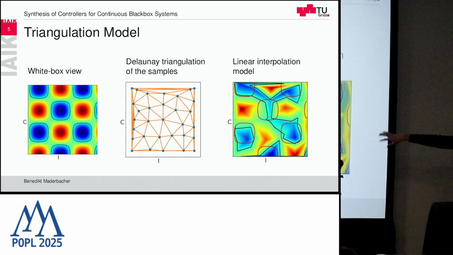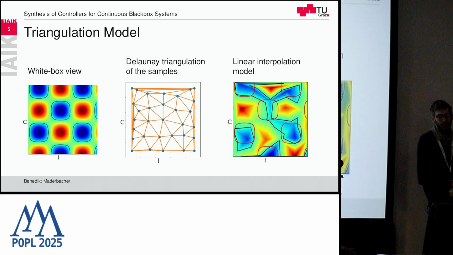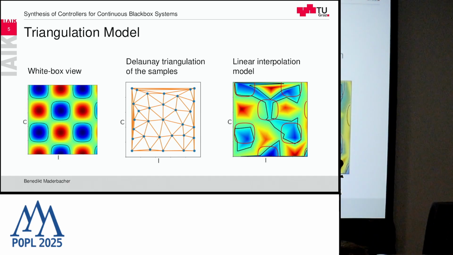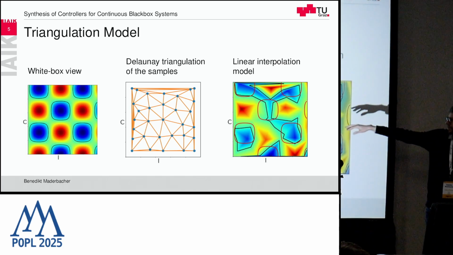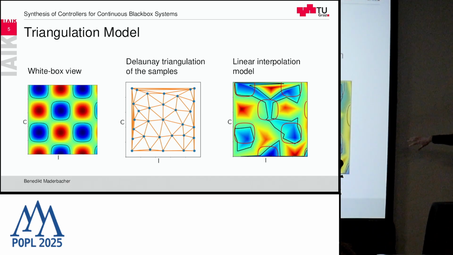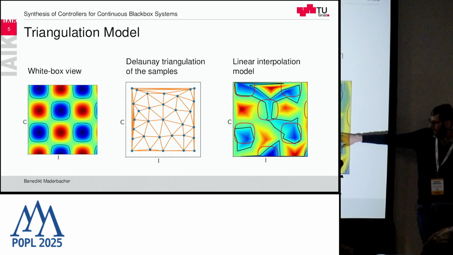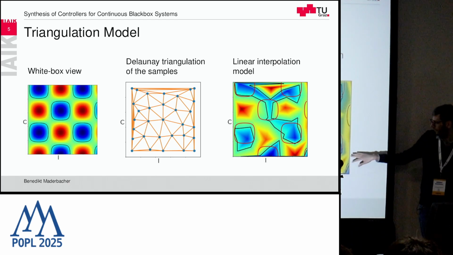Now, if we run a few samples and triangulate them, then we might end up with a graph like in the middle. Additionally, if we know the function values, which are color-coded here, then we can build from this triangulation a linear interpolation model, which tells us that here in this area the function is probably negative, and here it is positive.